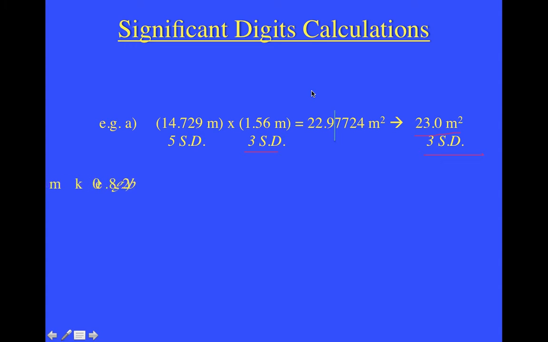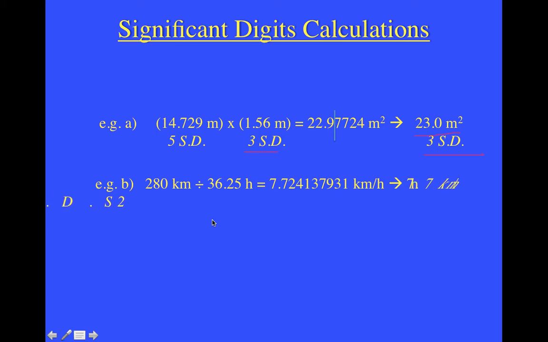Let's try another example. And the units will matter to us as well, but right now we're focusing on numbers. When we look at these measurements, we see this one has 2 significant digits because the 0 is a placeholder. This has 4 significant digits because none are zeros.